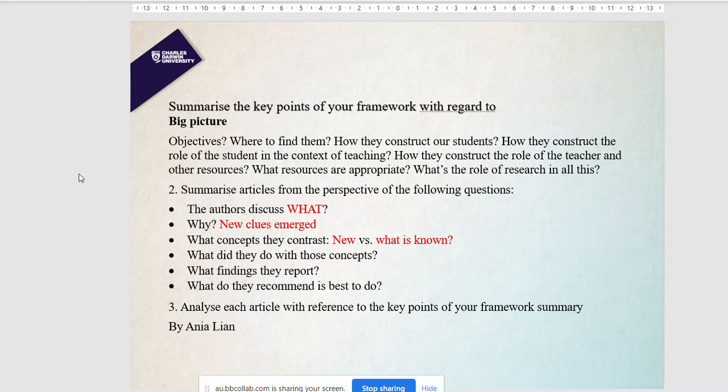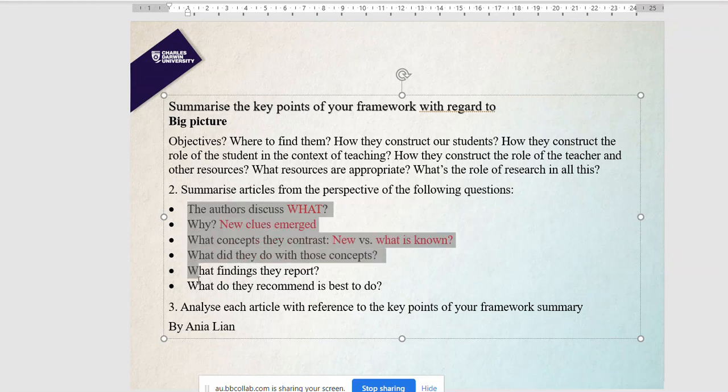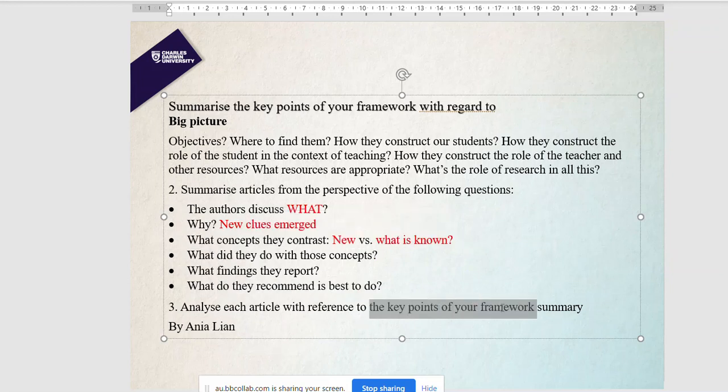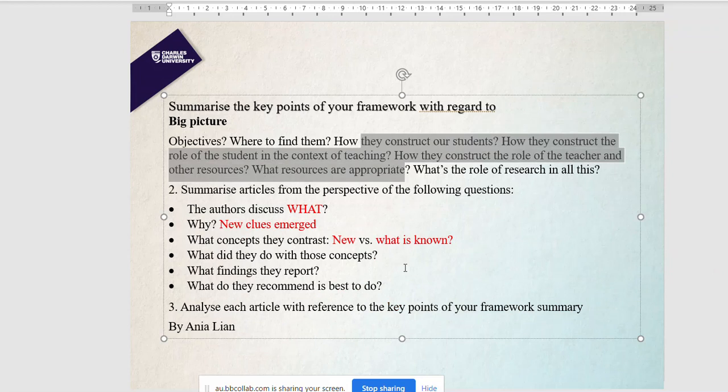I've said that. So once you finish all of those little points, I don't know how many of them there are, 1, 2, 3, 4, 5, 6, then what I would like you to do is to add something from yourself on these points. And now analyze what the authors did or recommended through this process, in relation to your framework here.